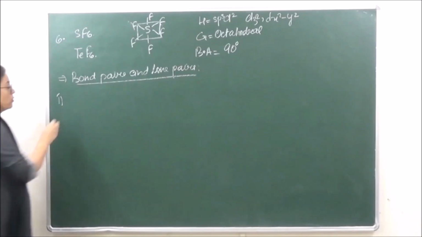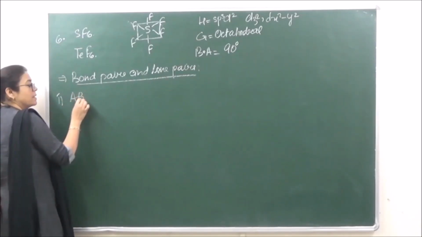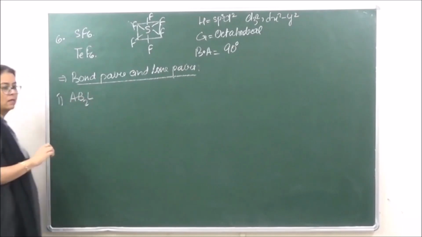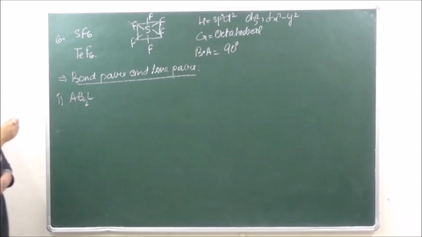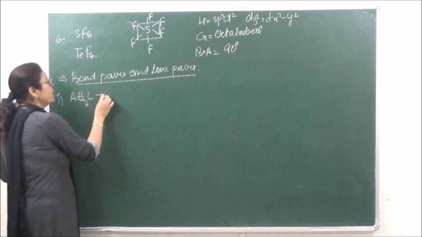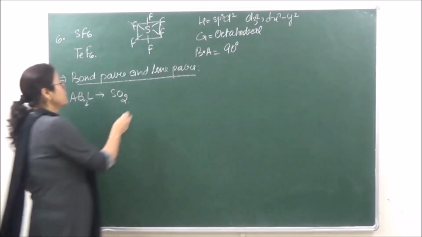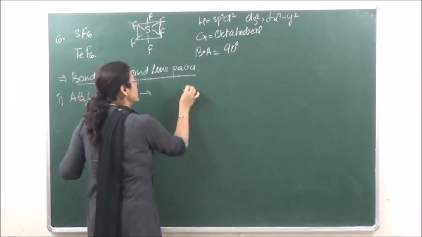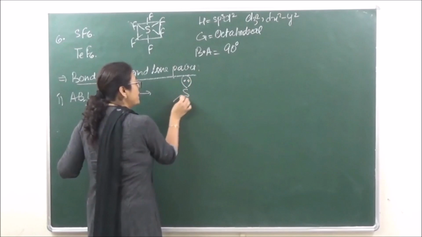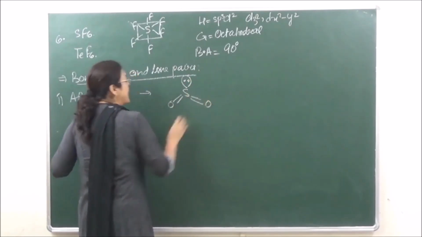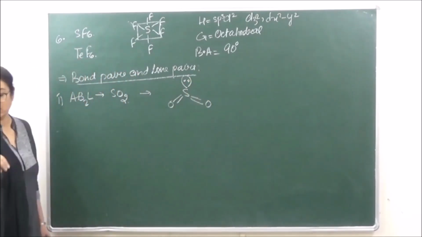So the first molecule we have is AB2L, which means there are 2 bond pairs present and 1 lone pair present. An example which we can take over here is sulfur dioxide. In sulfur dioxide, there is 1 lone pair and there are 2 bond pairs.